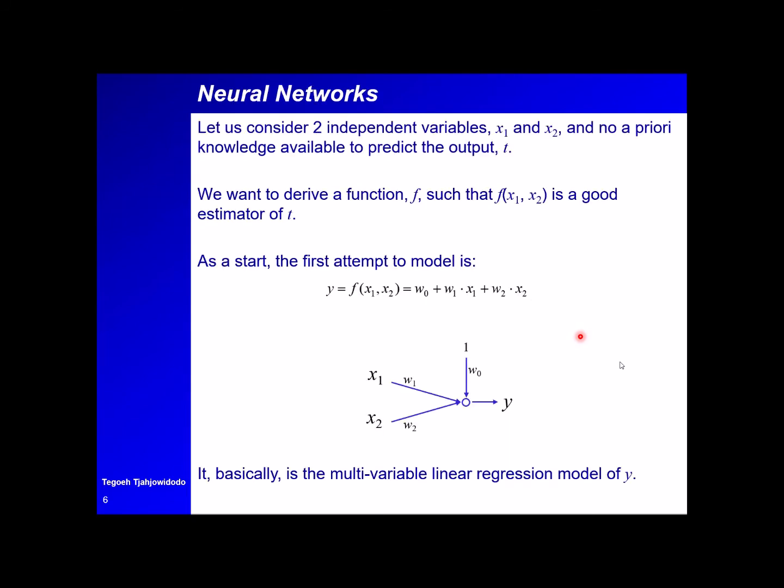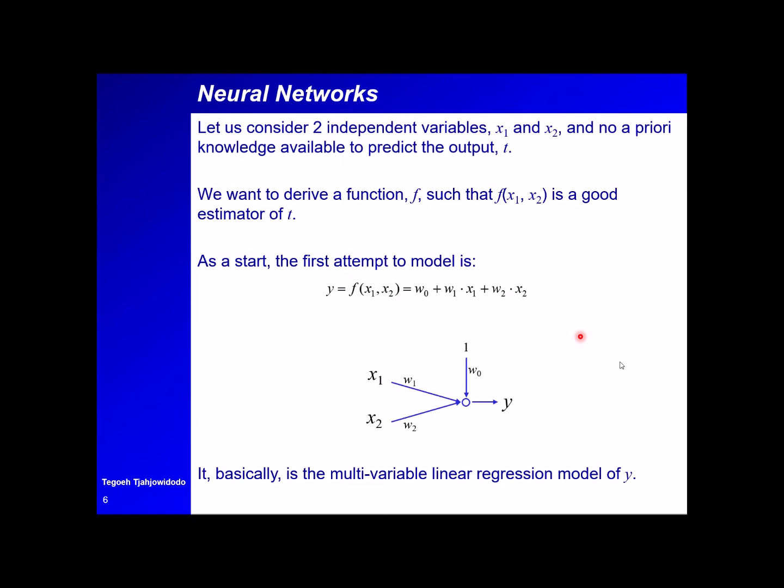Now, I want to view this linear regression problem from a different perspective. Let us consider again a regression problem, but now we have two inputs, x1 and x2, and the output is t.